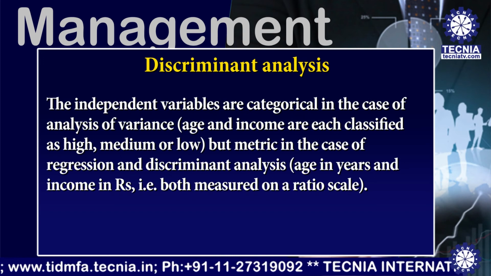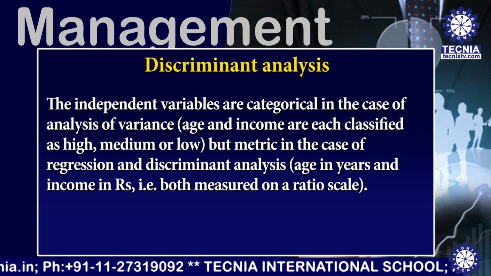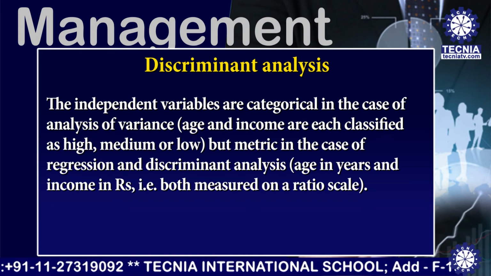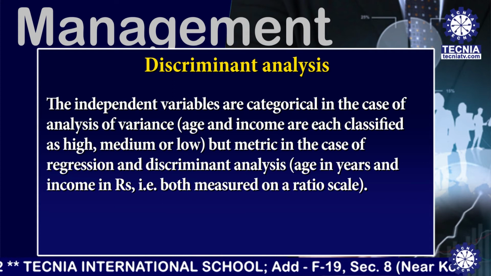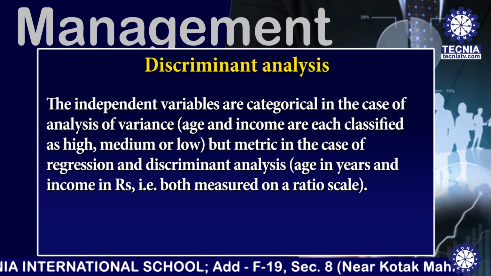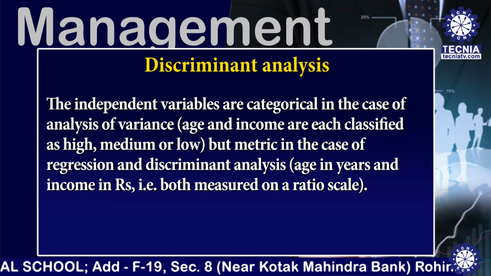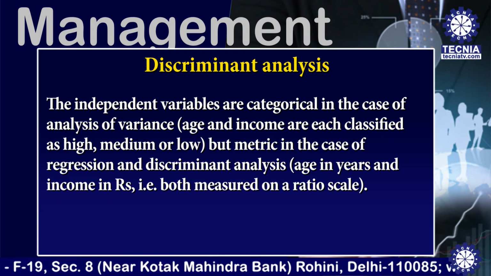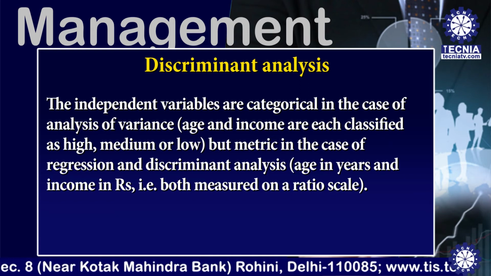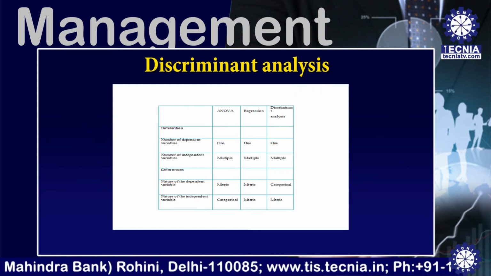The independent variables are categorical in the case of analysis of variance. Here age and income are each classified as high, medium or low, but metric in the case of regression and discriminant analysis, which is mentioned here, age in years and income in rupees, that is both measured on a ratio scale. You will find this in the table.